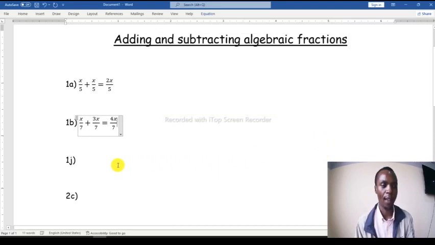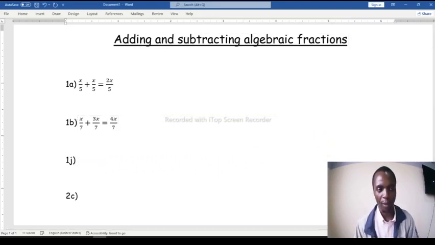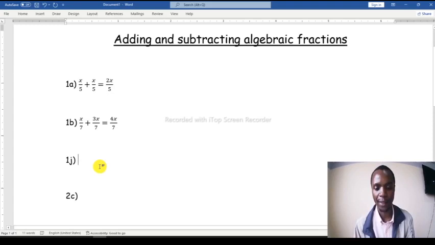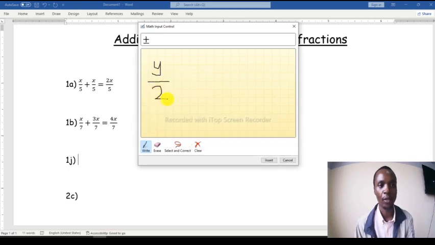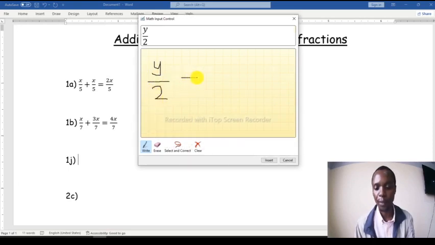Okay, let's try another problem where there are different denominators. J says y over 2 minus y over 8. Y over 2 minus y over 8, equals.